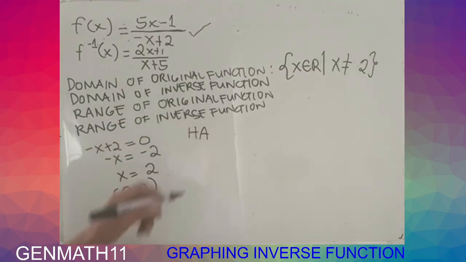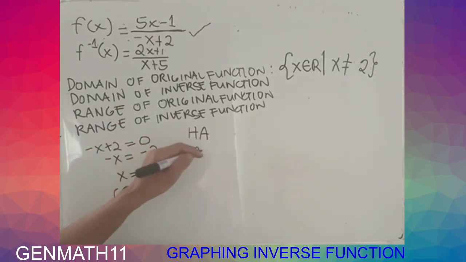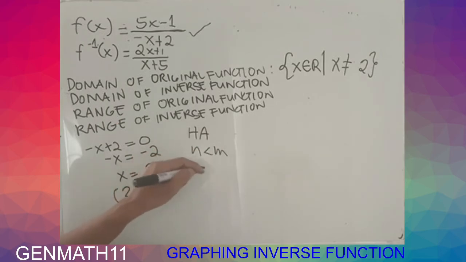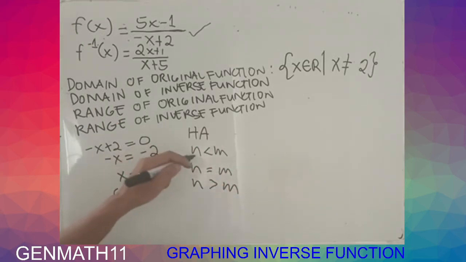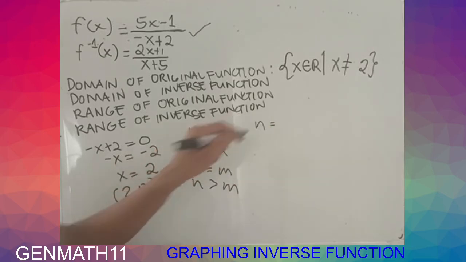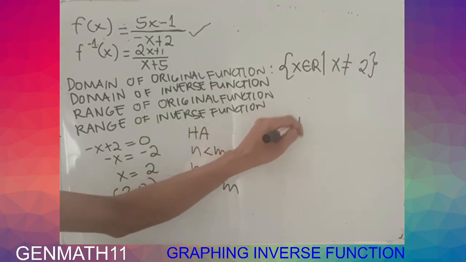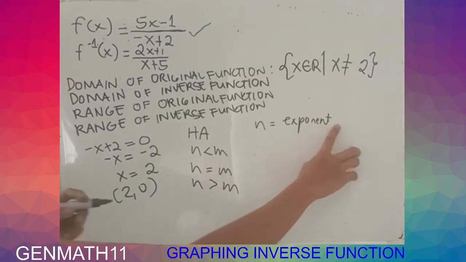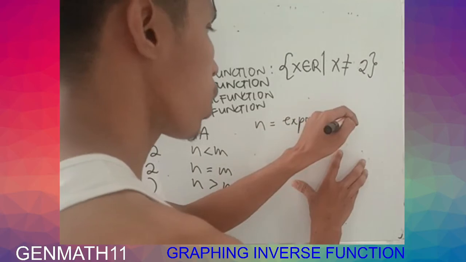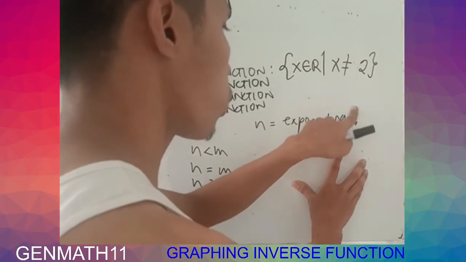Horizontal asymptote niya ay, meron tayong rule. N is less than m, n is equals to m, n is greater than m. Ano ba yung n? Ang n, siya yung exponent ng ating numerator.